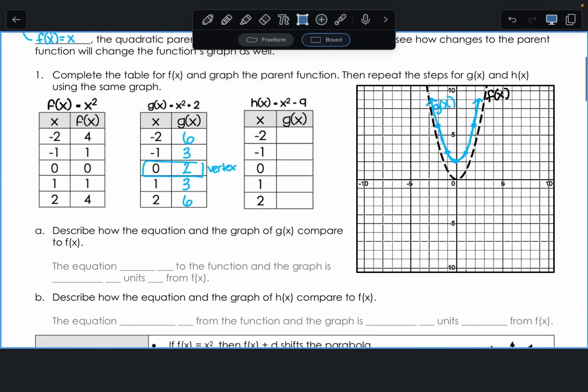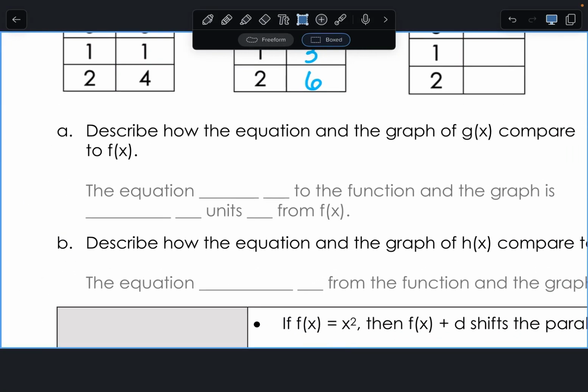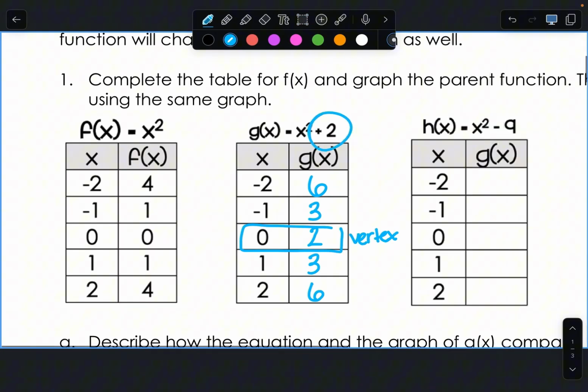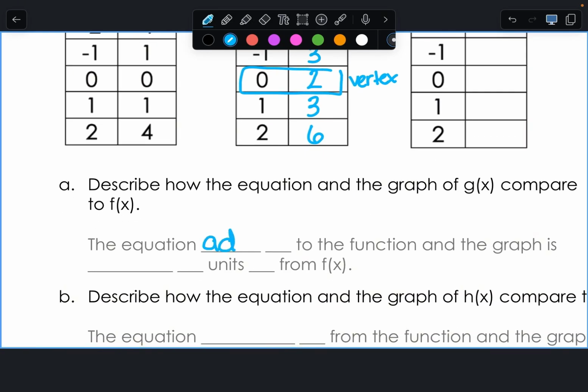So filling in part A, in the equation, what happens? It adds to the function. And in the graph, what happens? It shifted my parabola which way?